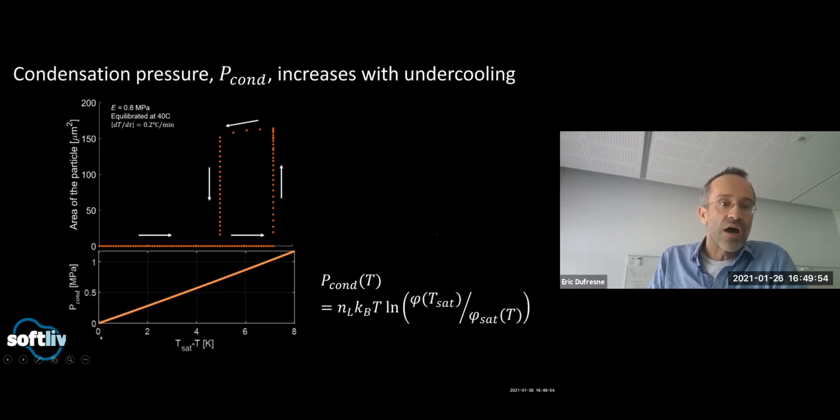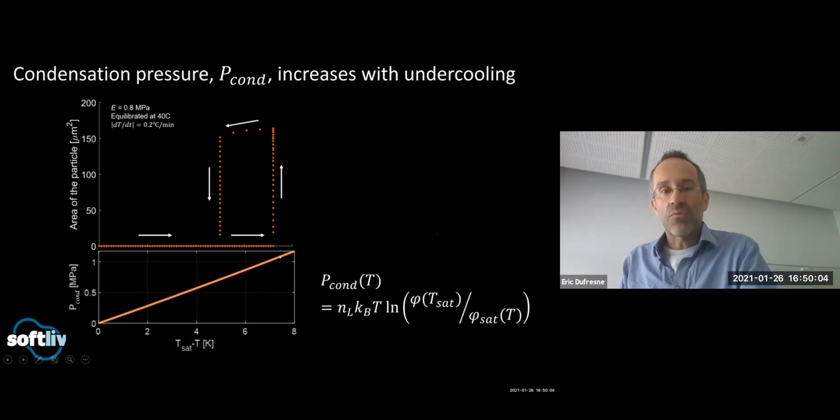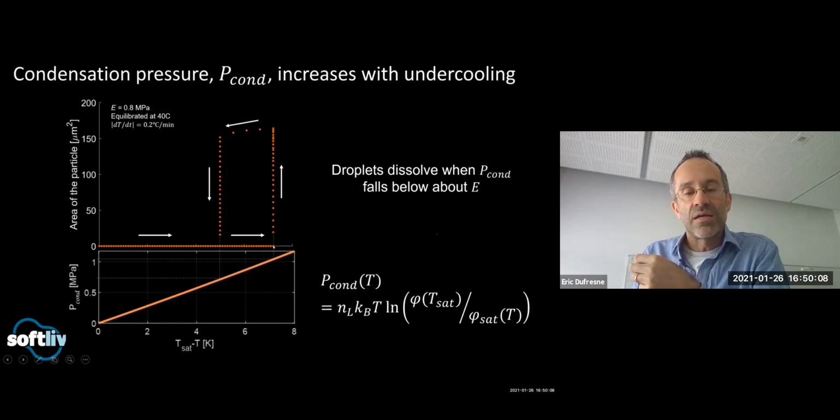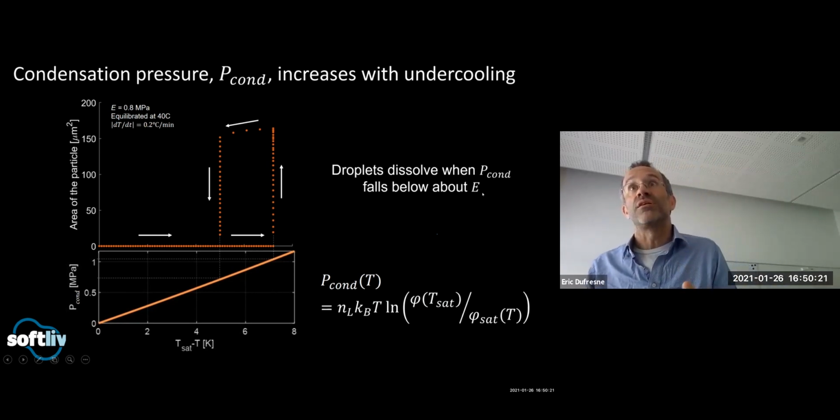So what happens is that condensation pressure starts off at 0 at the equilibration temperature, and it keeps ramping up as we cool and we cool. And then what we see is that these events where droplets appear and where they dissolve all happen in a regime around approximately 800 kilopascal, which is very close to the elastic modulus of this material.